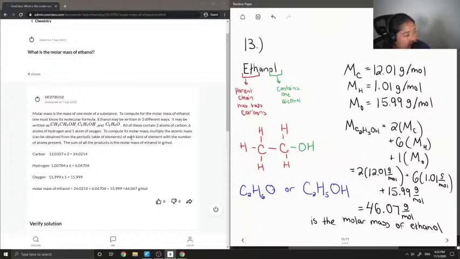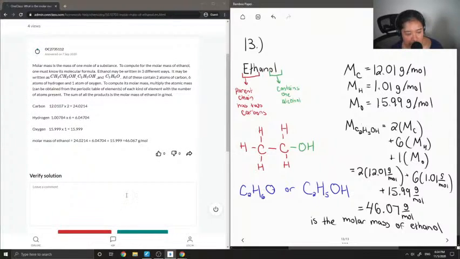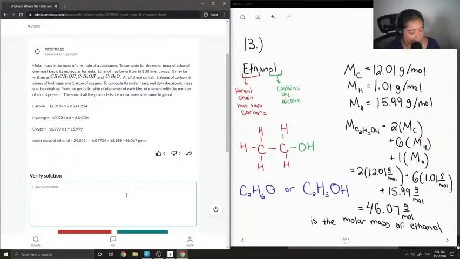Hydrogen 1.00784 times 6 is equal to 6.04. Oxygen 15.999 times 1 is equal to 15.999. So the molar mass of ethanol is just adding all the values together, and they also got 46.067 grams per mole. So this solution is correct.